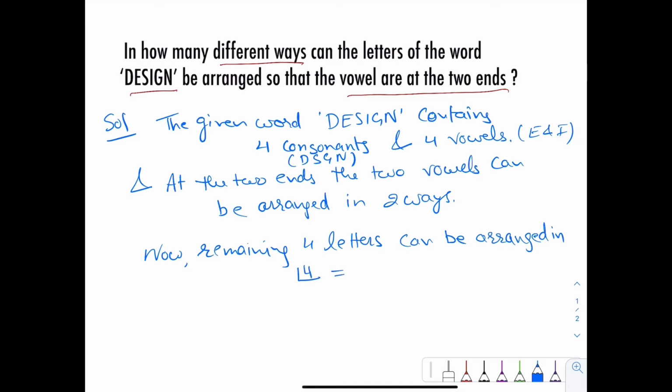So, factorial 4 equal to 4 into 3 into 2 into 1 equal to 24 ways.